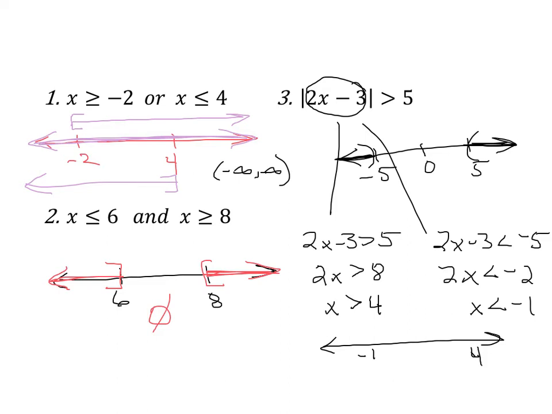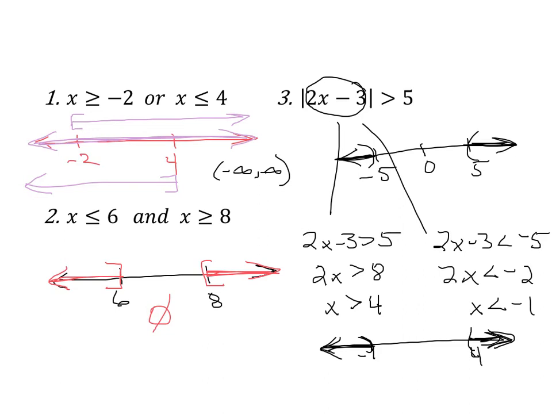So in x is greater than 4, you're going to write a parentheses and graph it like this, and x is less than negative 1, it's going to be like this.